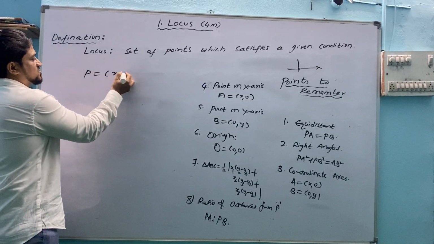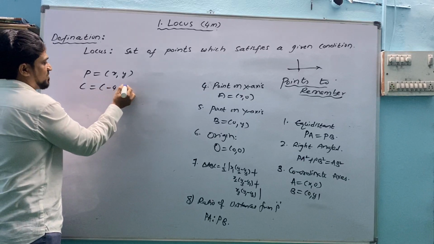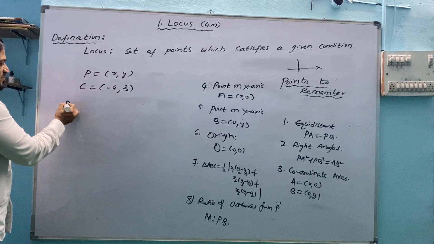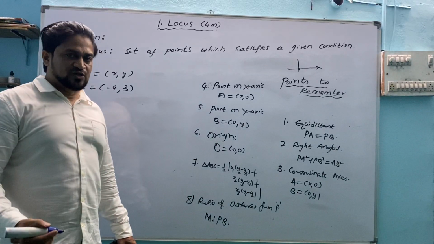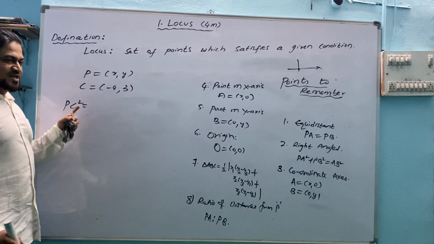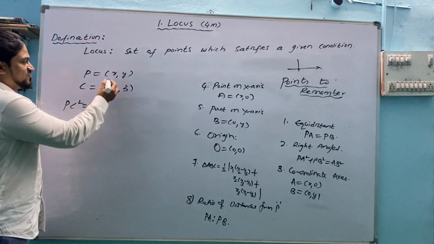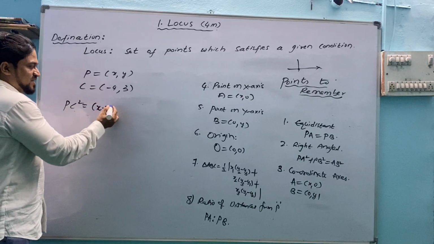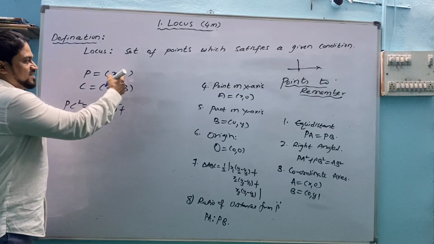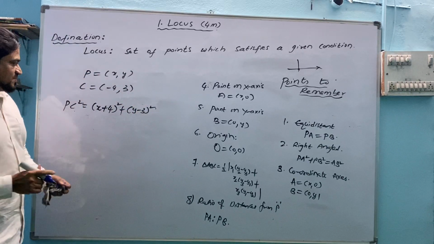P is x comma y and suppose C is minus 4 comma 3. If I want PC square, why do I want PC square? At the time of the question we are going to get to know why. To find PC square, we write first x minus of minus, that is a plus sign, whole square, plus second minus second whole square.